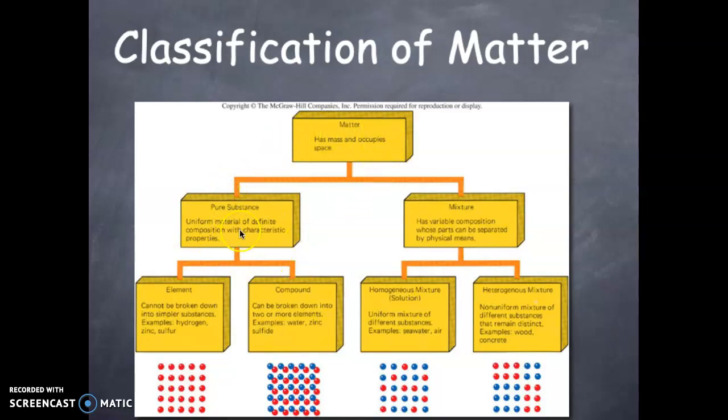So every substance one can see exists in this table someplace. Matter, then there are pure matter, there are mixtures, and the pure matters are either elements or compounds. Mixtures then are homogeneous mixtures or heterogeneous mixtures. We'll have great opportunity to talk about this figure.